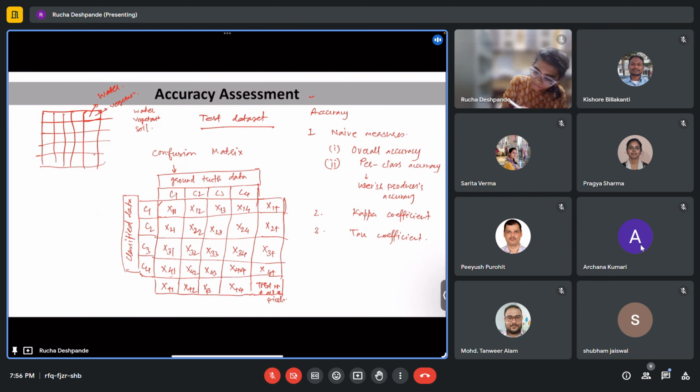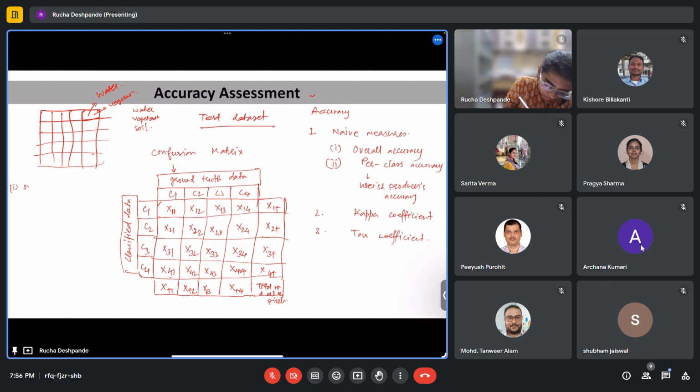For naive measures, overall accuracy is given by the total number of correctly classified pixels divided by total pixels.